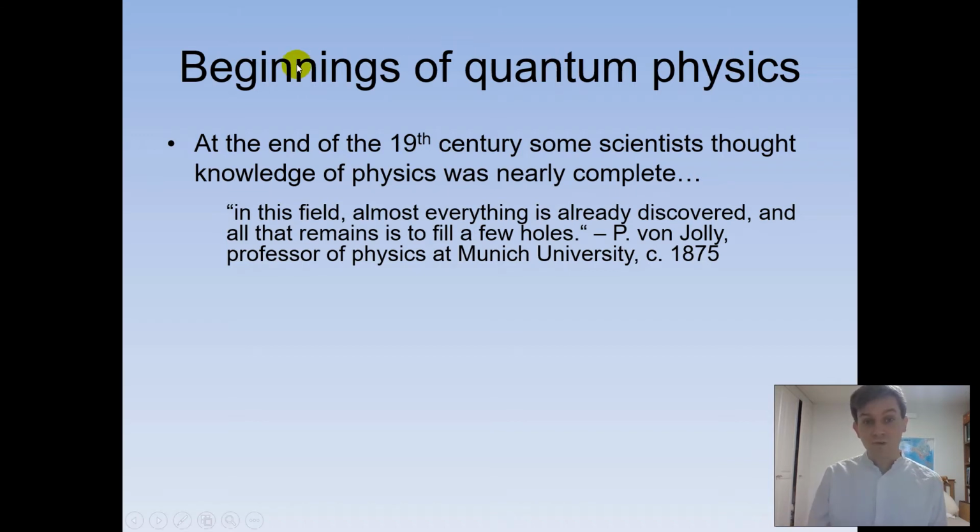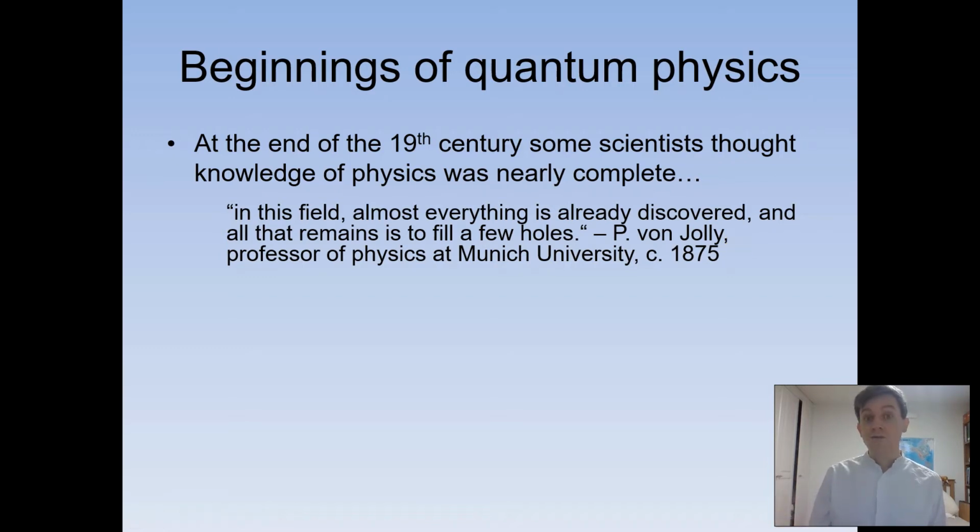So here we have a quote from a physicist at the time, around 1875. In this field, he's talking about physics, almost everything is already discovered, and all that remains is to fill in a few holes. Okay, so that's clearly showing that, at least in this professor's opinion, physics is mostly finished in 1875.